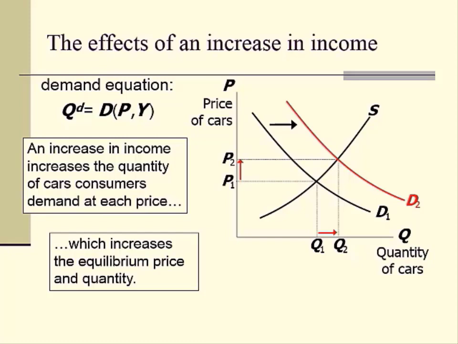In other words, the overall economy is booming. You can predict that in the market for new cars there's going to be higher demand, leading to a new equilibrium with higher prices of new cars and a higher amount of sales in the new cars market.